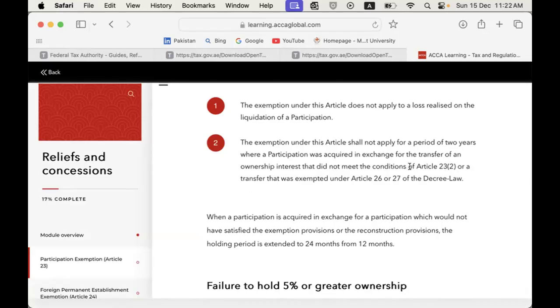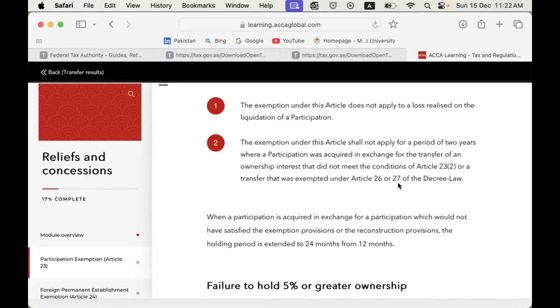First of all, we acquired some shares, let's say, and those shares did not meet Article 23 conditions of 5% or 12 months, etc. Those conditions were not being met, or the transfer was exempted under Article 26, 27. So there are two articles. One is called qualifying group, transfers of assets within qualifying groups.